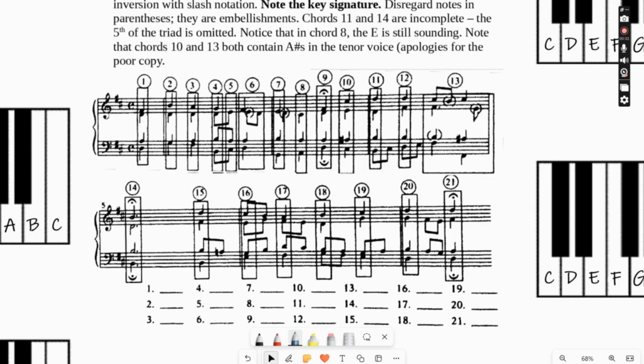It could be in root position, first inversion, second inversion, whatever. So try to work smart here. Don't just keep analyzing the same chords 6 times in a row. Every time you identify the notes of a new chord, look back to see if it's the same as another chord that you've already done.